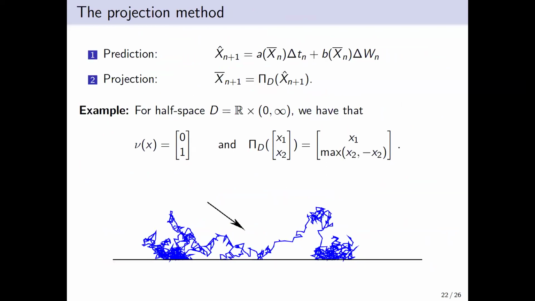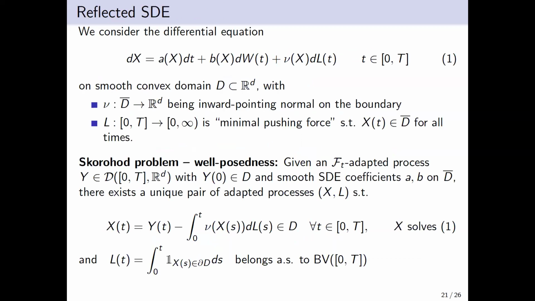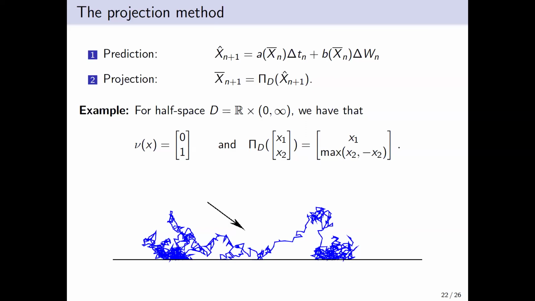So this is the numerical method that we consider. It's a splitting method in some sense. First, we solve the SDE part. And the second step is to approximate the L integral that I'm considering here. It is approximated by projecting the numerical solution back into your domain if it has exited the domain. So here's an example.